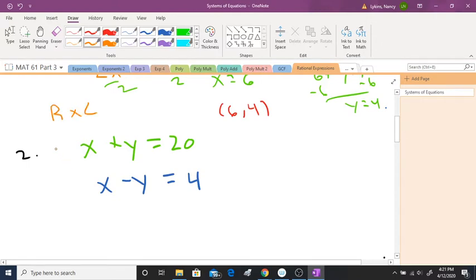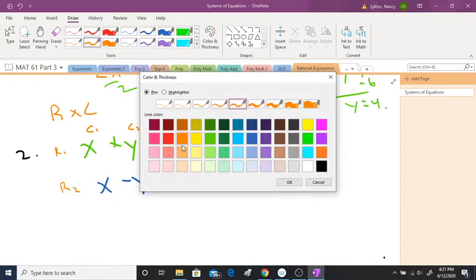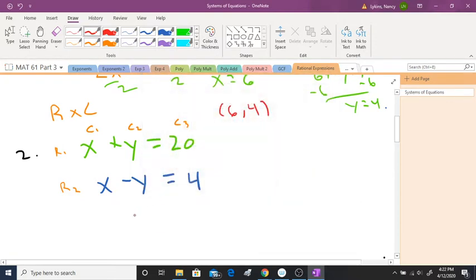So here's row 1, here's row 2. Columns go up and down, think of the front of your house. So column 1, column 2, column 3. So this means that these equations are what we call a 2 by 3.